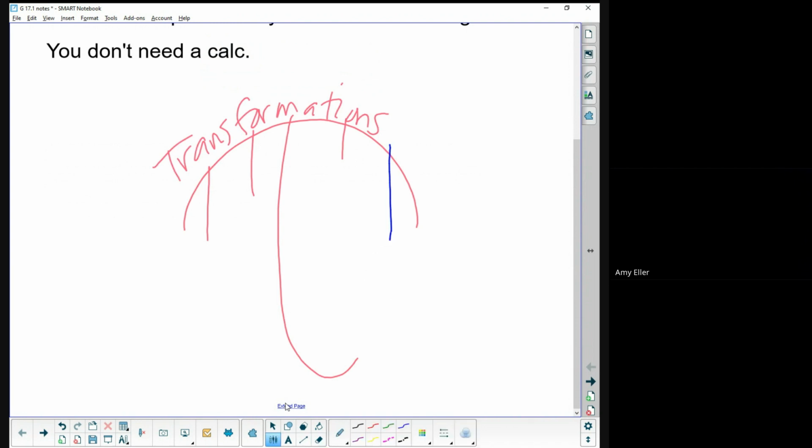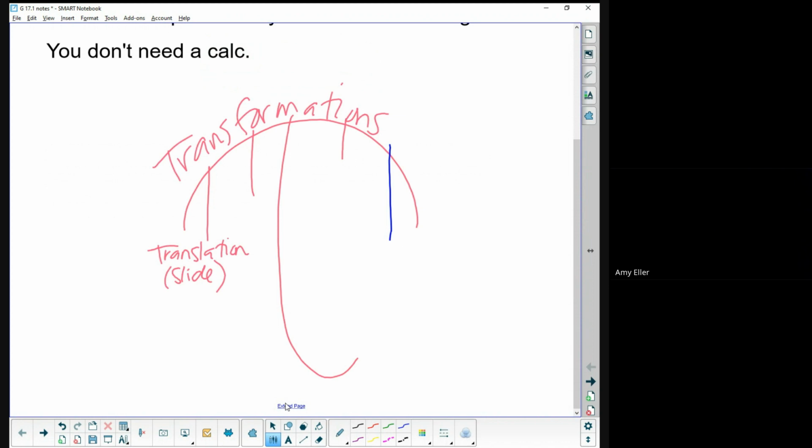Many of you have already said the other ones, which are, first of all, translation. Sounds similar. Translation. That means to do what? Slide. Yep. Slide. Left, right, up, down.